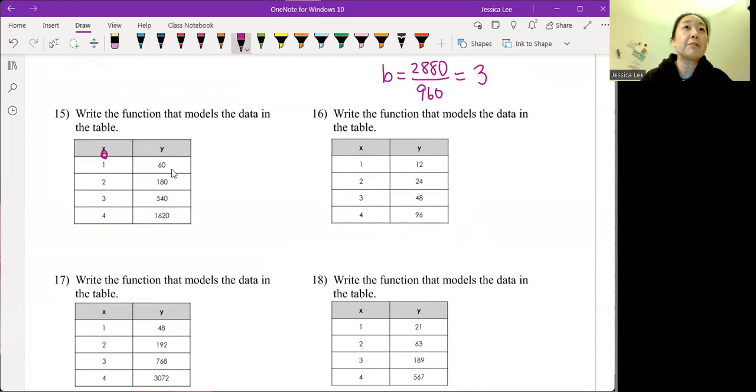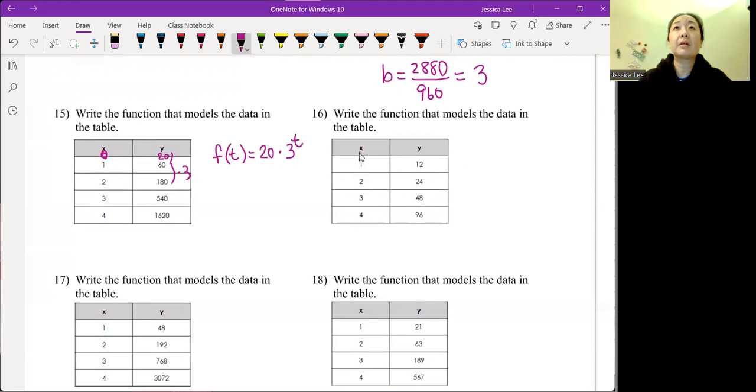This one's a little bit easy to figure out. 60 times 3 gives me 180. So if I go before that, I just divide 60 by 3, and that gives me 20. 20 times 3 is 60. We're good. So f of t is equal to my initial value, 20, times 3 to the t.